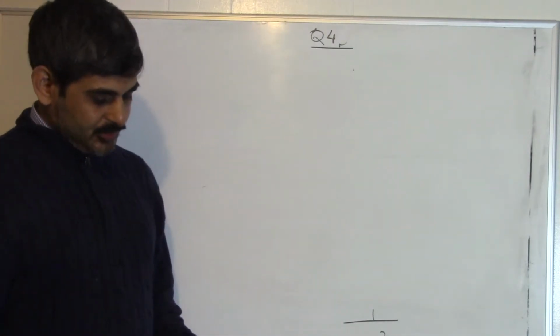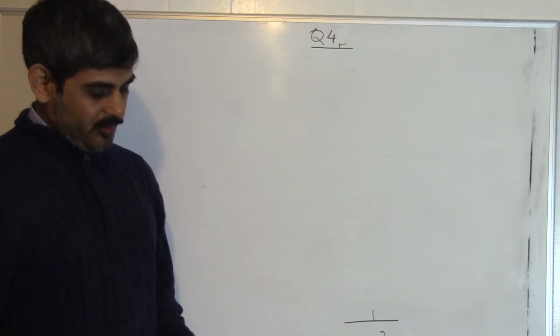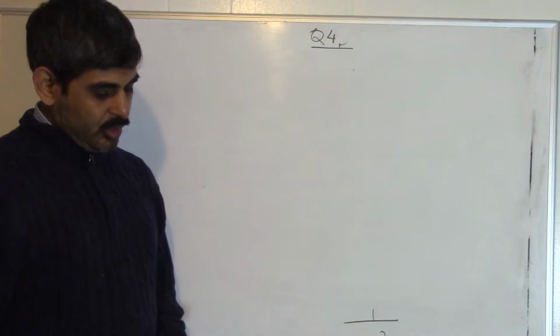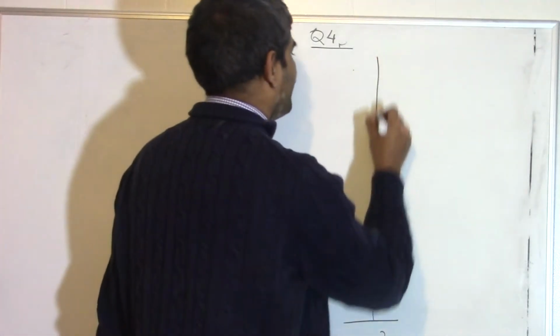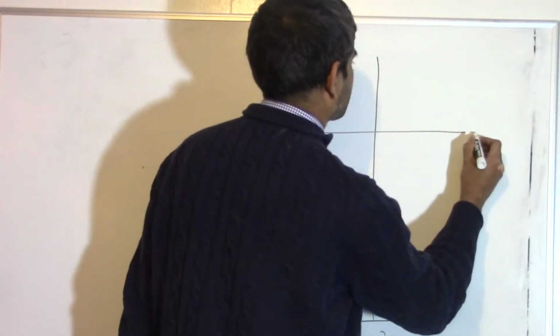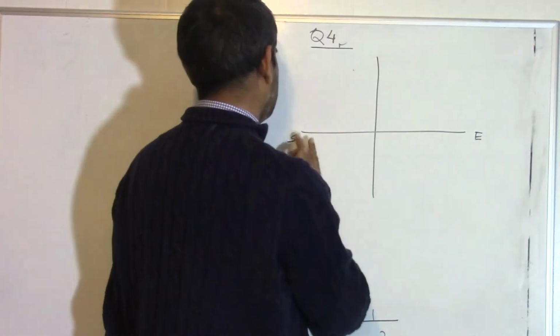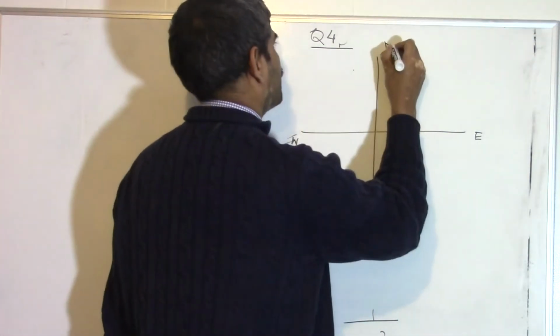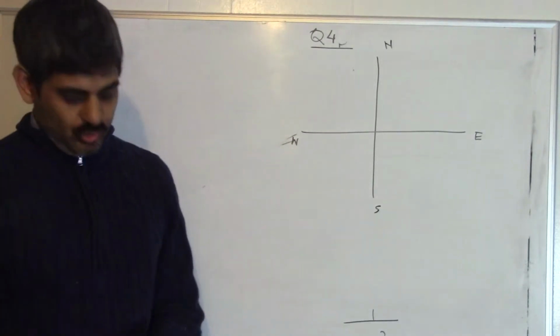An aeroplane has to go from a point A to another point B, 500 kilometer away, due 30 degree east of north. Whenever we are given east, west, north, south, the convention is we write east here, west here, north here, and south here. This is the general convention, but you can also choose your own.